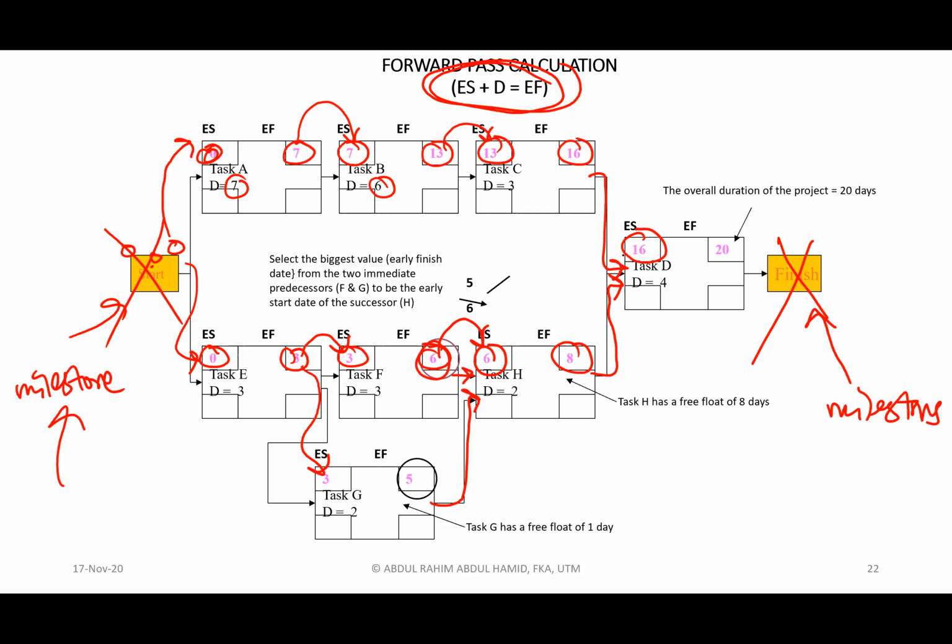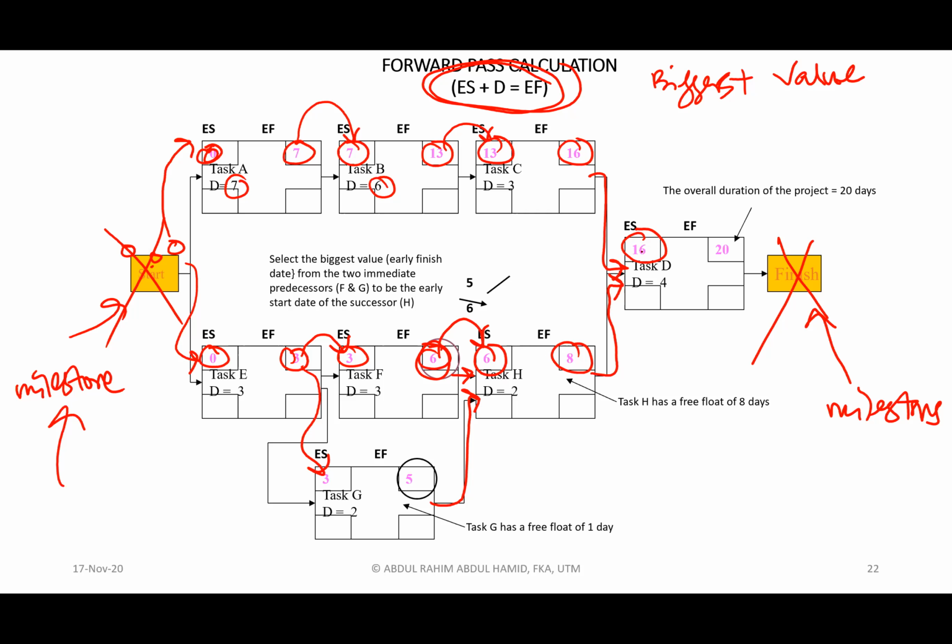And now between C and H, there are two activities going into D, but again, using the concept of the forward pass, you take the bigger value, the biggest value, I would say, among the predecessors in order to put into the successor or the following activity.